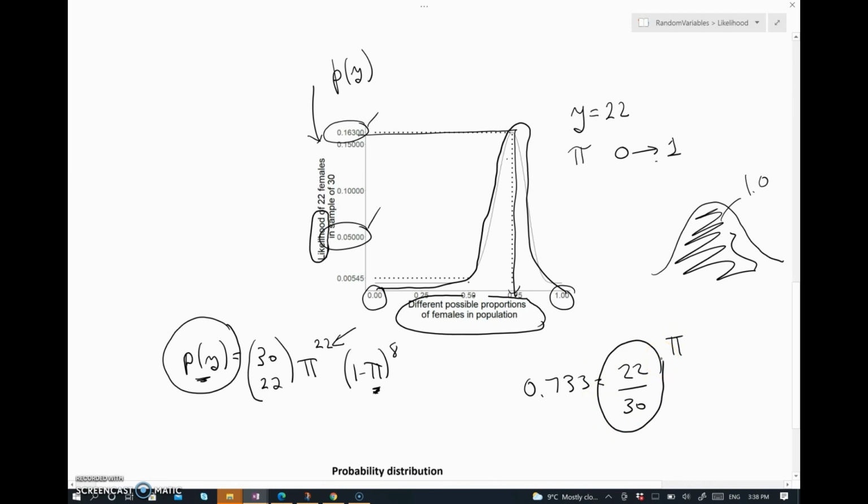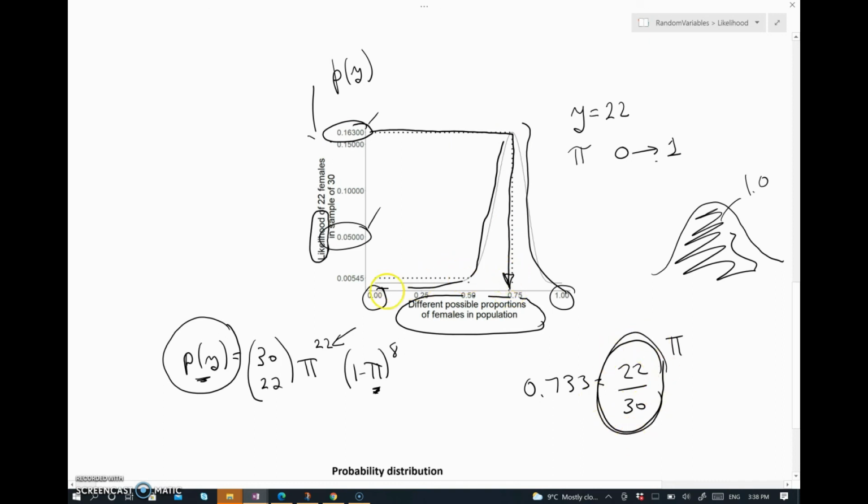But where this thing can become useful is looking at relative probabilities, or relative likelihoods, where we've got a relative likelihood of 0.163 associated with that 0.733, the 22 out of 30.